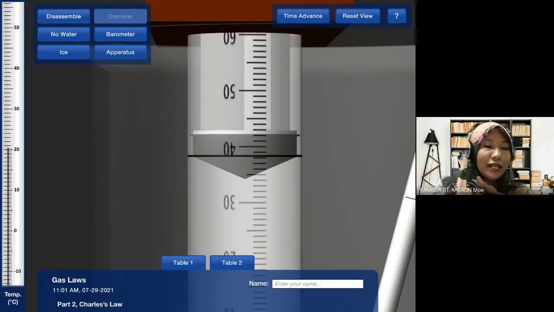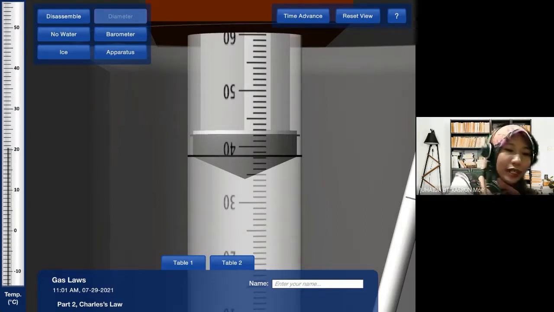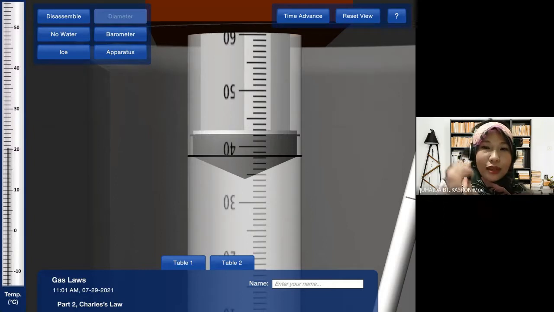If the line is in the middle between the scale marks, you take the higher value. Let's say 35.5, it means 36. If it is 45.5, it is 46. Understand? Okay, everyone, are you ready?